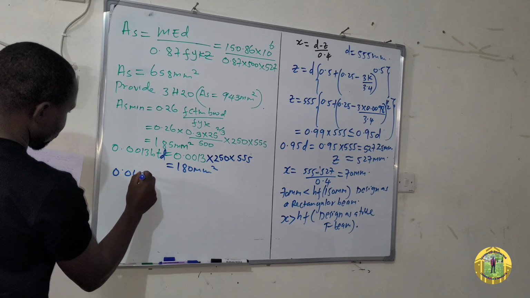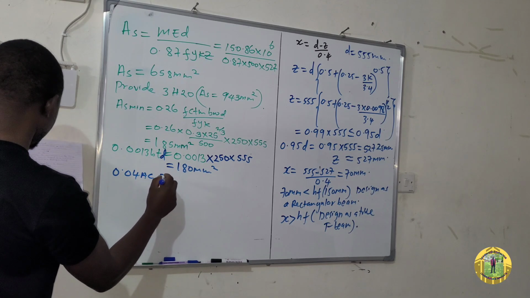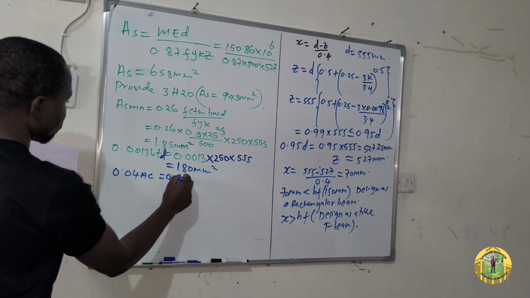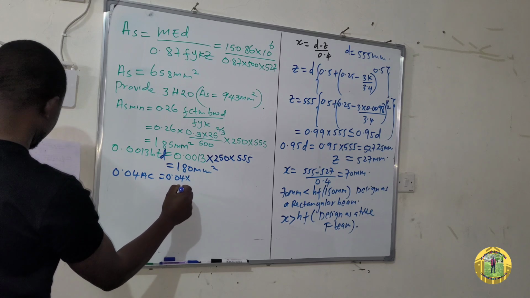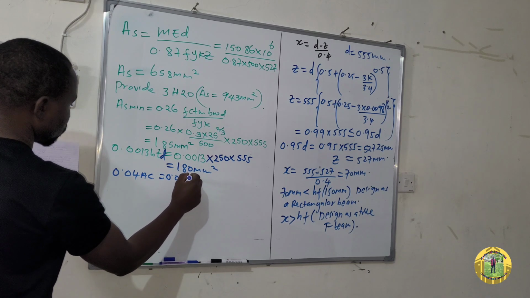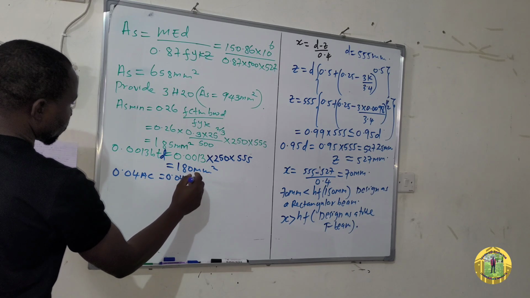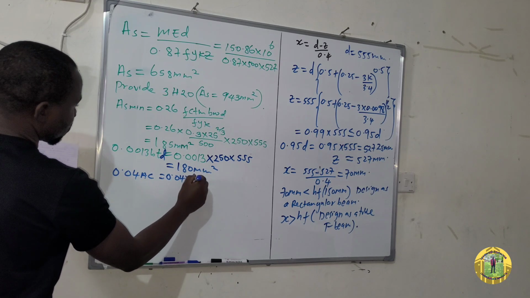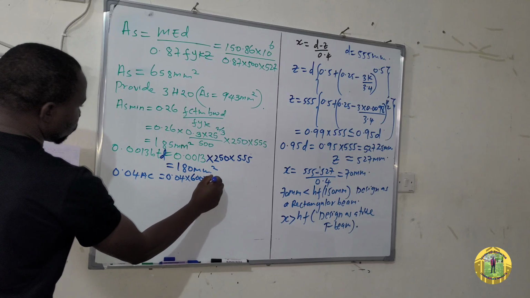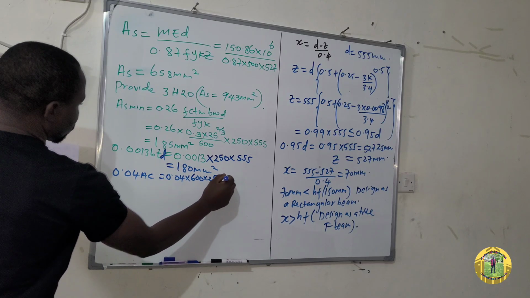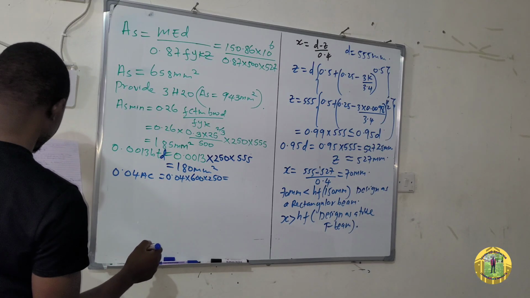0.04 AC is equal to 0.04 times H. AC is the area of the concrete in the section. So the section is 600 by 250.